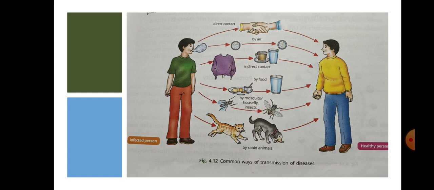These intermediaries are called vectors. For example, houseflies carry the causative organisms of cholera, typhoid, dysentery and tuberculosis on their legs and mouthparts from feces and sputum to food and drinks and contaminate them. When this contaminated food is taken by a healthy person, he or she gets infected.